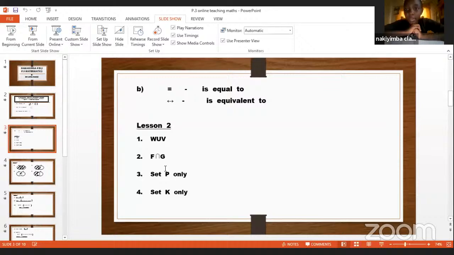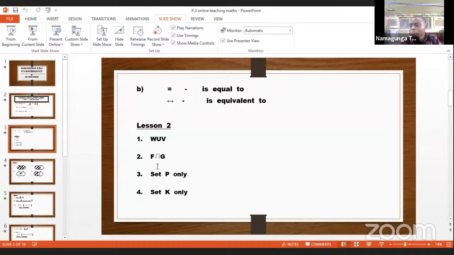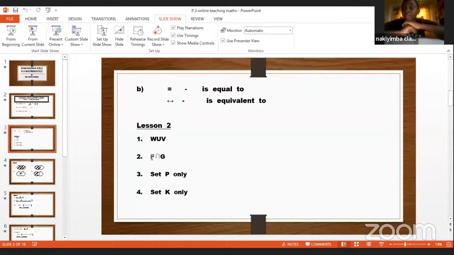Letter F stands for... Nachimba Claret, are you getting me? For us, we said set F intersection Q. Pardon?